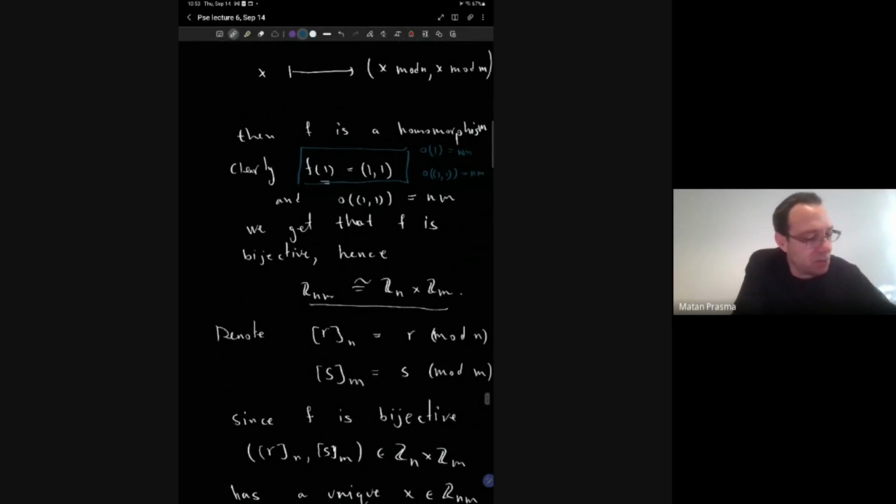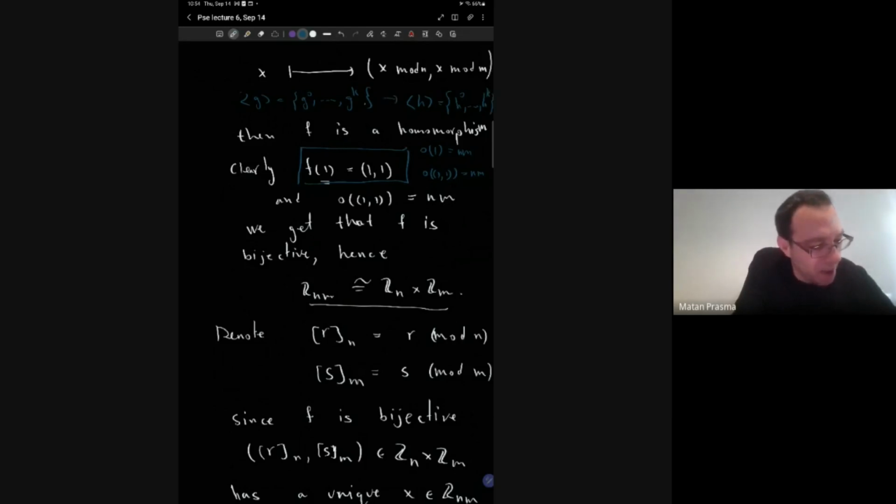Let's say one is generated by G, with elements G0 up to Gk, and another is generated by H, with elements H0 up to Hk.